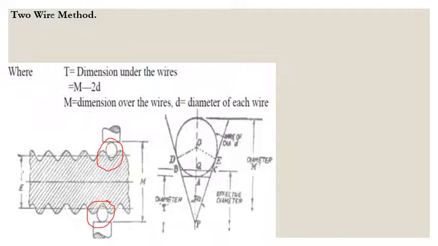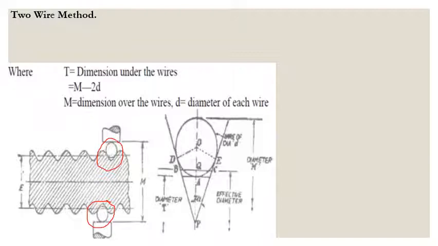M is the dimension which is determined experimentally, that is the distance from the tangent of the wire to the other wire. We can call it simply the dimension over the wires.